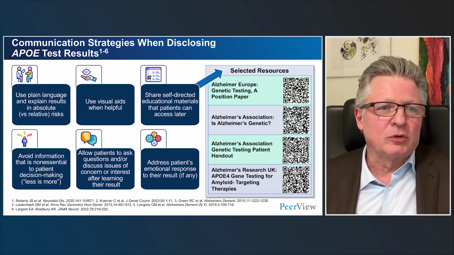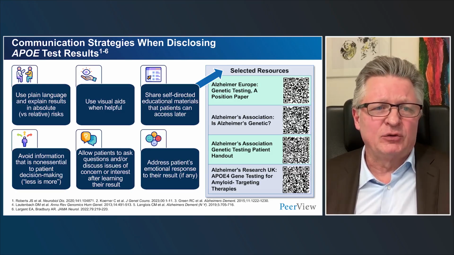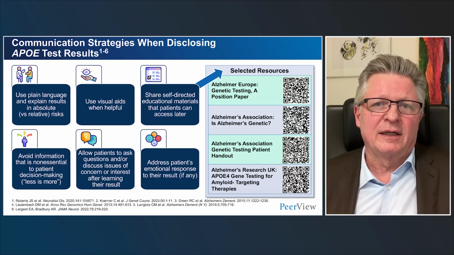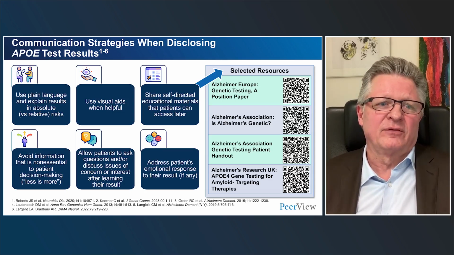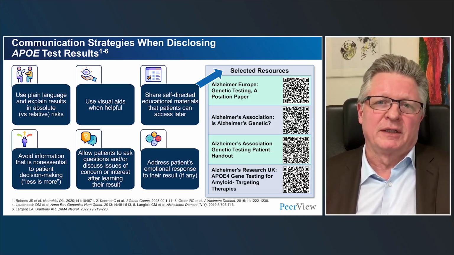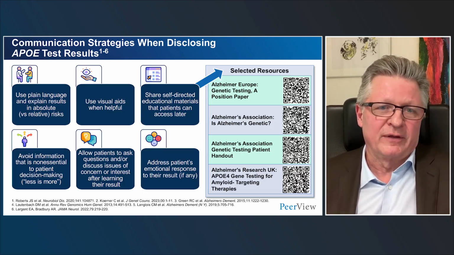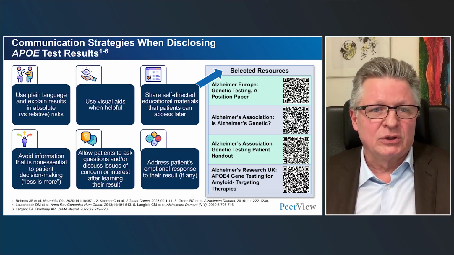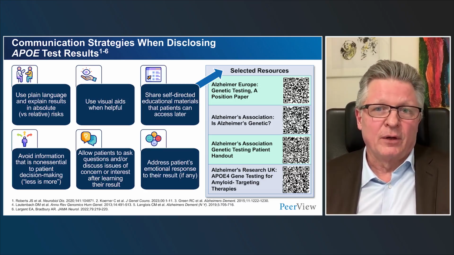So the language should be plain and easy to understand, and the results should be communicated as absolute results and not as relative results. So, for example, not that you have double the risk, but that you have like a 10% risk or 20% risk. There are several visual aids which are helpful for communicating risk.